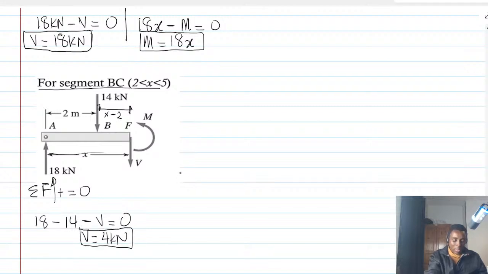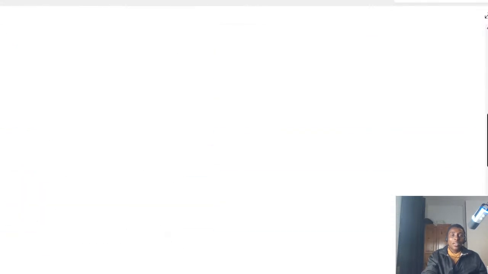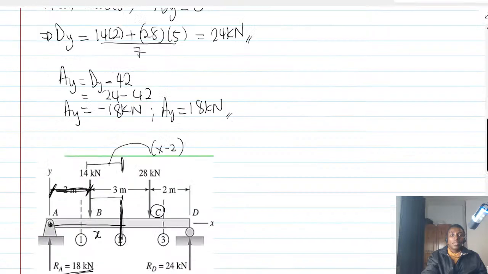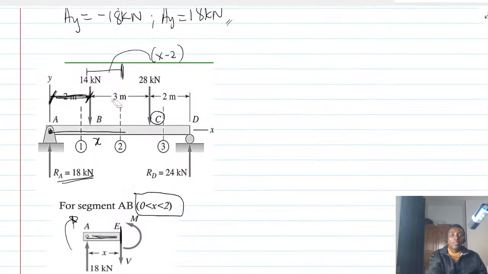But please take notice, the 4 which we have got is valid from where? 2 and 5. Why 2 and 5? Let's go back. You see that from the diagram, from here, if I take a cut, which is somewhere here, it will always be between what? 2 and then what? 5.